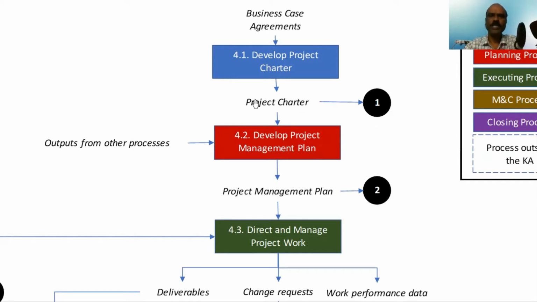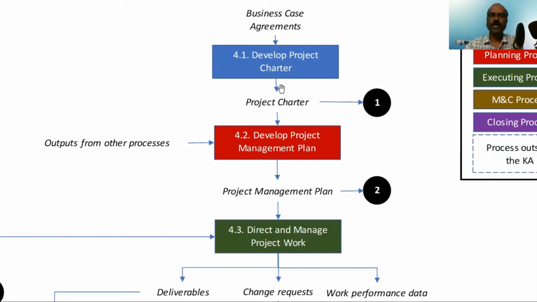And also the project charter acts as an authorization to the project manager. So once the project charter is created, the authorization is given to the PM to go ahead and do the project, to go ahead and get resources for his project, to go ahead and get materials, machinery, whatever needed, he is given the authority. So that is the purpose of project charter.